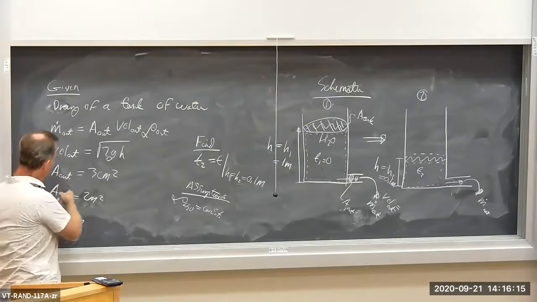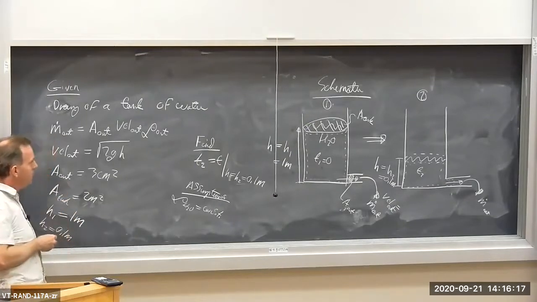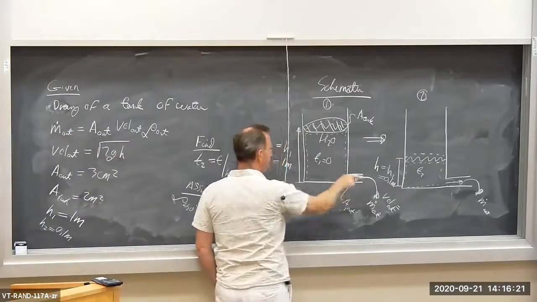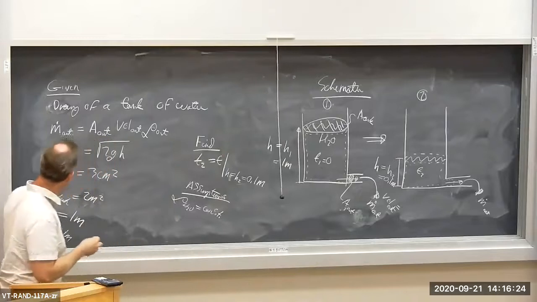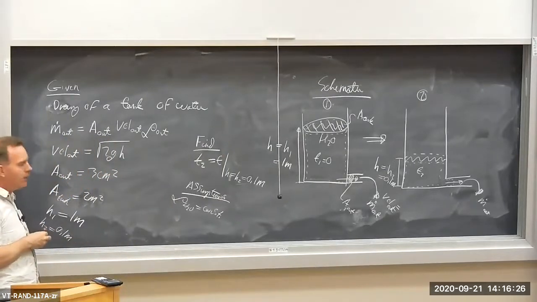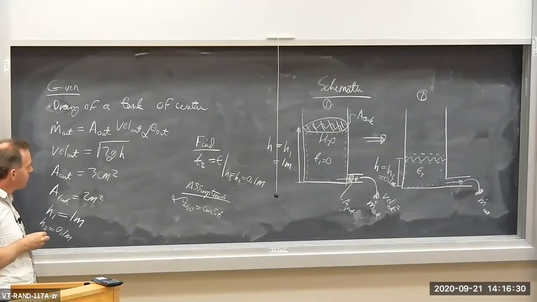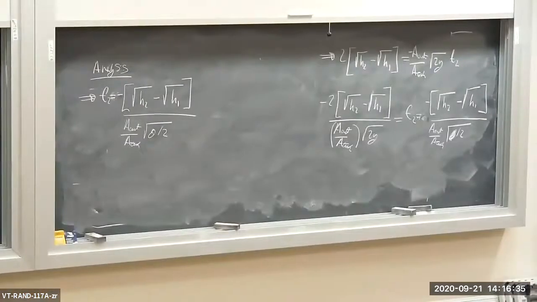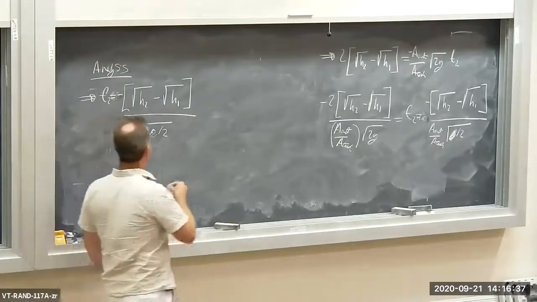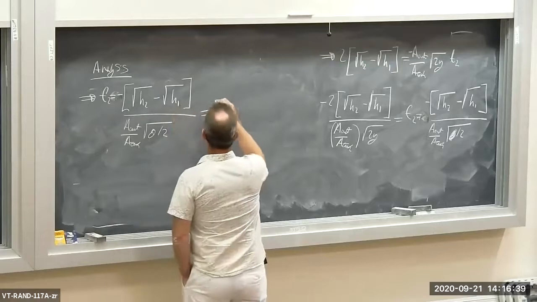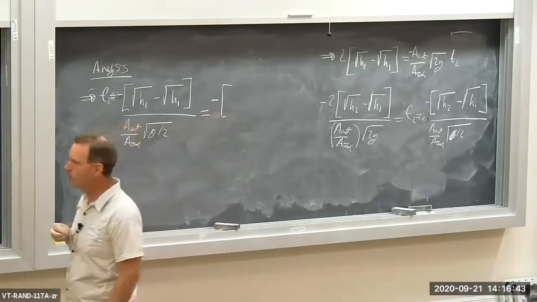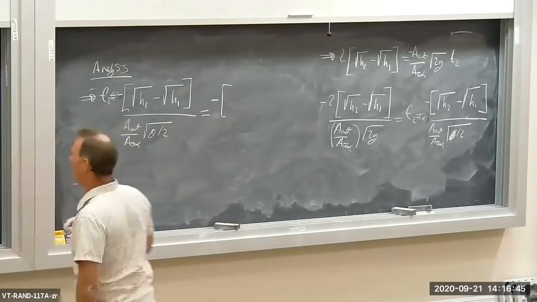I have my outlet and my tank area, the surface area for the tank, and the flow area for the outlet flow. I've got all that. G, of course, is 9.8 meters per second squared, so I can plug that in just a moment. Okay. So we got everything. Let's plug in. Negative square root h2. Let's see, h2 is 0.1 meters.